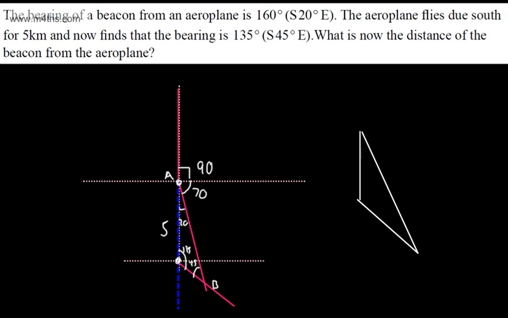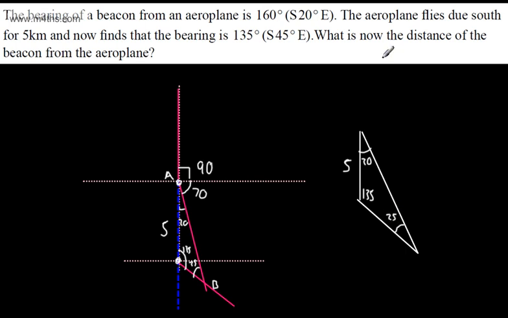We've got 5 kilometers here. We know that this is going to be 135, and that is going to be 20. That gives me 155. Triangles add up to 180. The angles sum to 180. So this is going to give me on here 25.